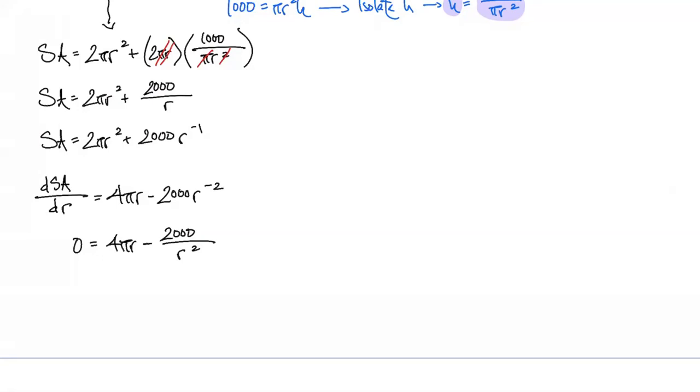Option 1 is we multiply everything by r squared. Option 2 is we add that 2000 over r squared to the other side and then do some sort of cross multiplication. What would folks like to see here? Option 1, where we get rid of the fraction, or option 2, where we do more of a regular algebra kind of stuff? Okay, cool.